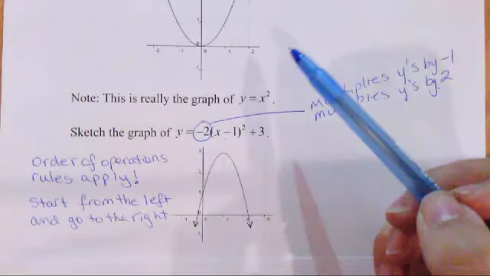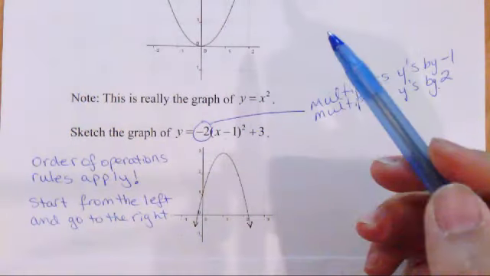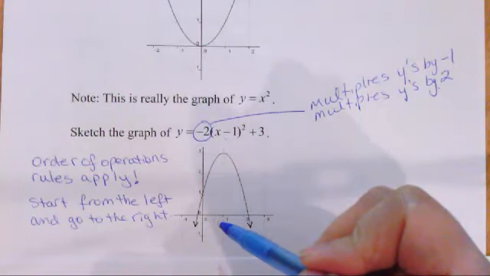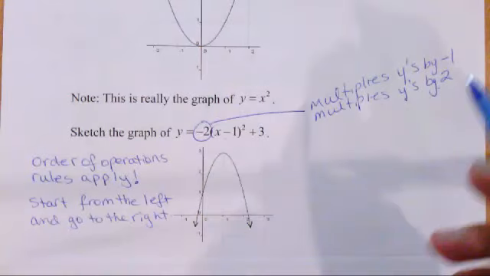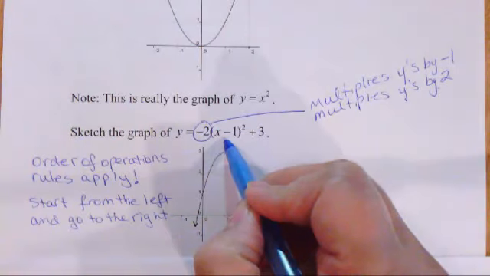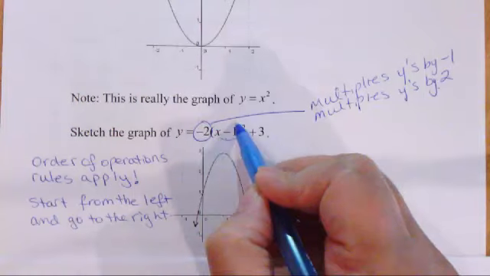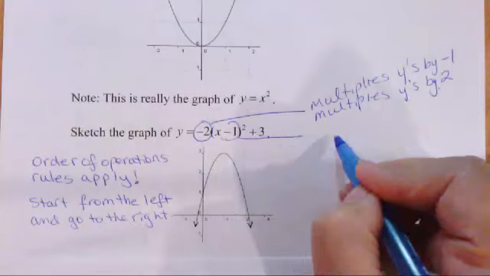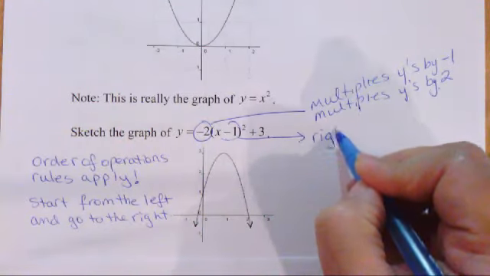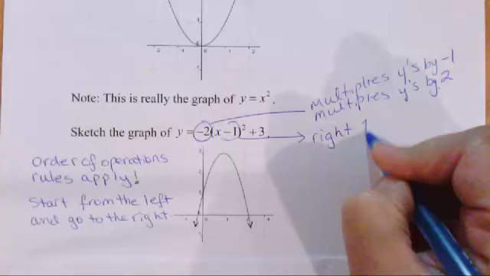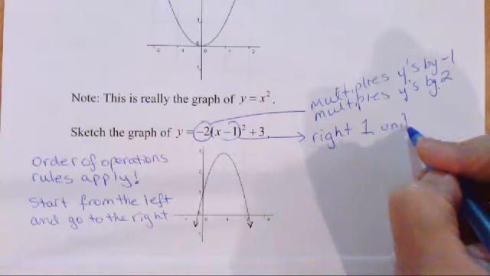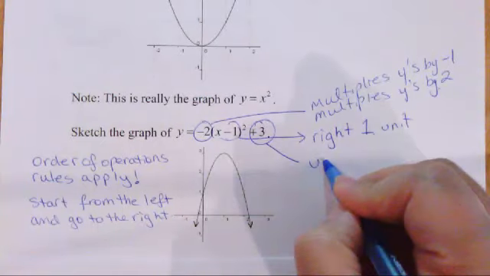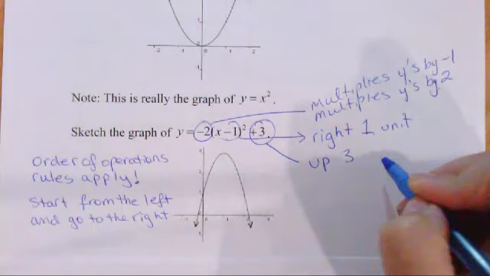Then we have our horizontal translation, so this moves right 1 unit, and this +3 moves up 3 units.